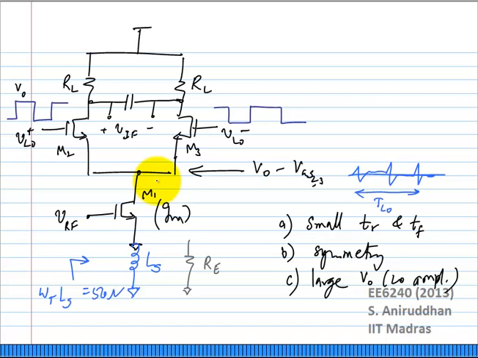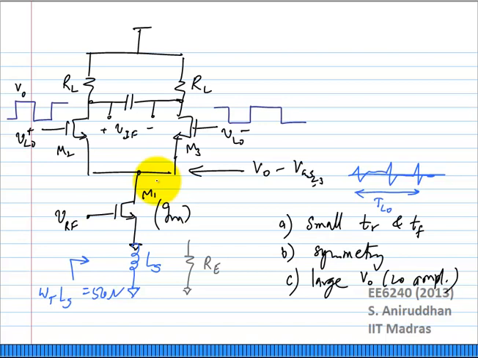You definitely don't want M2 and M3 in the triode region, because it's an active mixer. You're using the switches as a current switch and not as a resistive switch, which has very low resistance when on and very high resistance when off. In other words, when the device is on, you want it to behave like a cascode device.